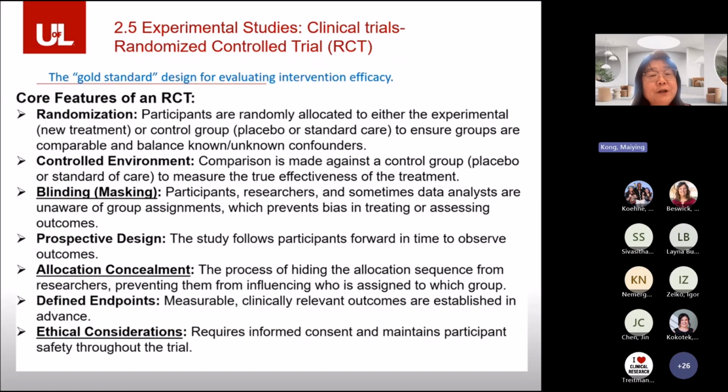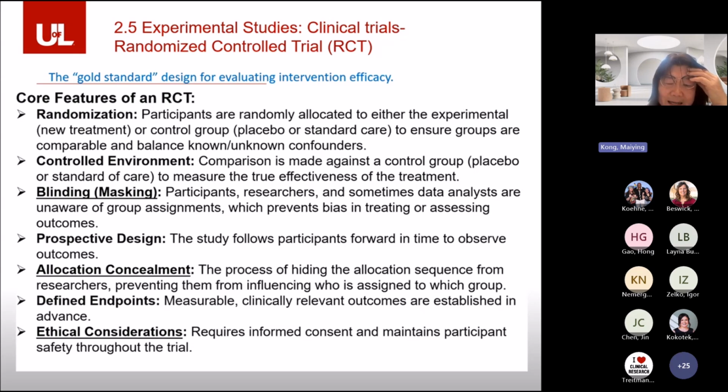The second feature is blinding. Participants, researchers and sometimes data analysts are unaware of group assignment, which prevents bias in treating or assessing outcomes. Also there is prospective design. The study follows participants forward in time to observe outcomes. And allocation concealment, the process of hiding the allocation sequence from researchers, preventing them from influencing who is assigned to which group, so that we avoid evaluation bias.